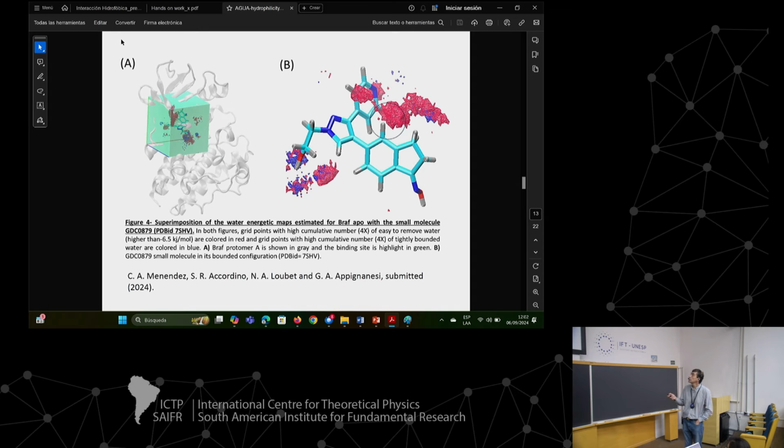Basically you see here that where this molecule presents a hydrophilic residue, you find regions that are blue, rich in low density water. And there are other regions, for example, here you have this ring that is hydrophobic and it's red.